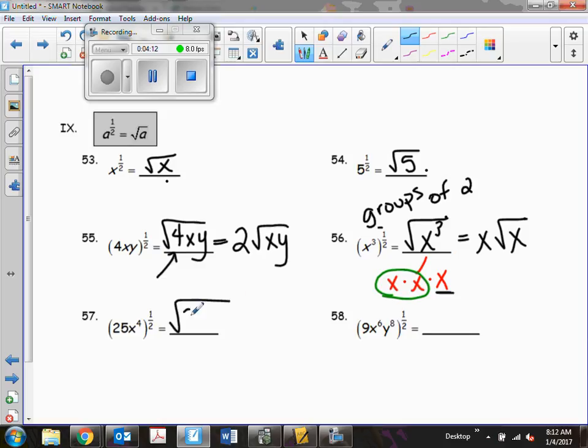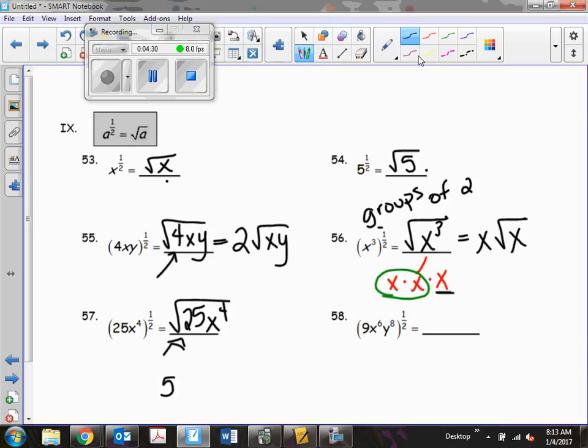So I have the square root of 25 x to the 4th. Now again, we can break this down a little bit more because we know what the square root of 25 is. The square root of 25 is 5. So I know 5 is going to be a part of my answer.